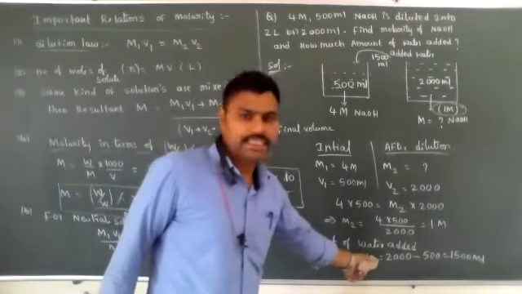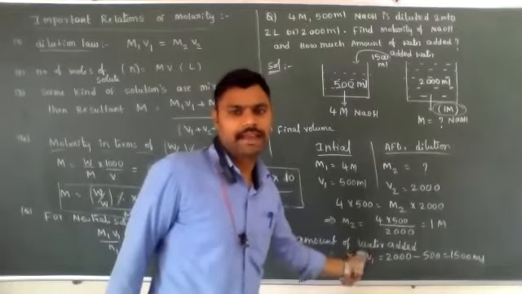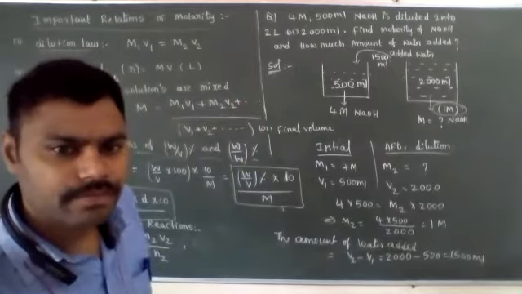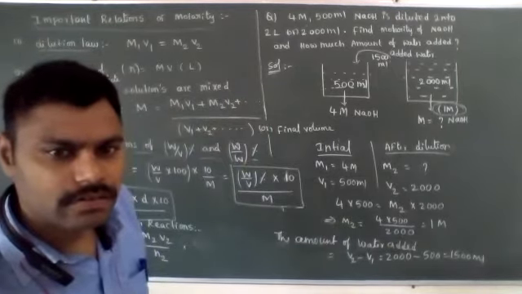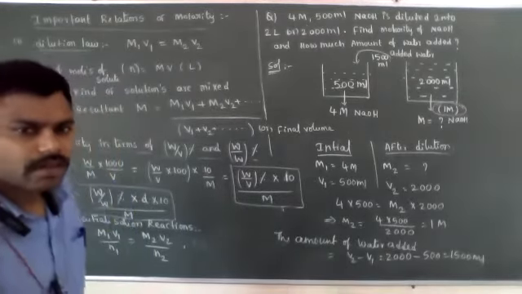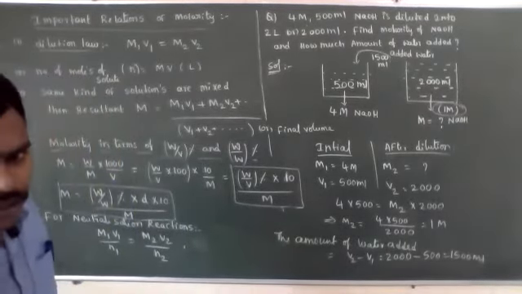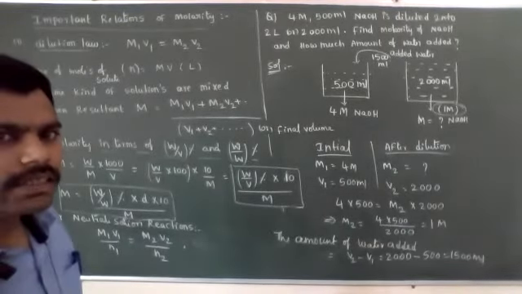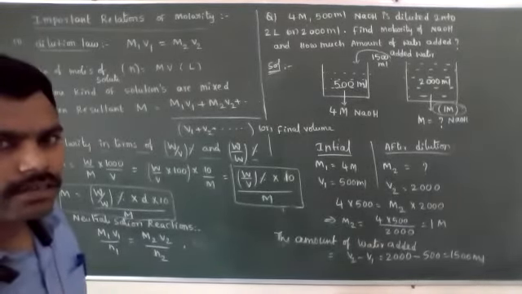Final volume minus initial volume: 2000 ml minus 500 ml is equal to 1500 ml. Okay, understood? Amit, Abhay, Sanjana, Afzal.